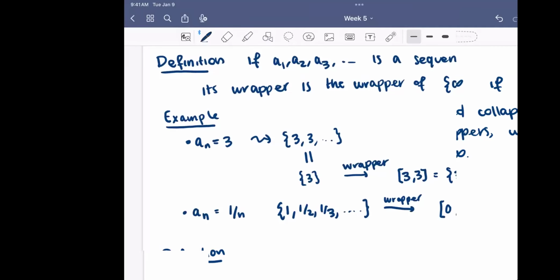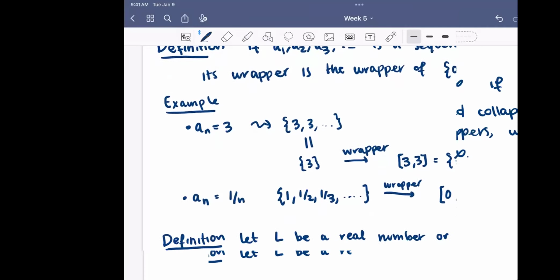So let L be a real number, or it could be plus or minus infinity. Let a1, a2, a3, and so on be a sequence.